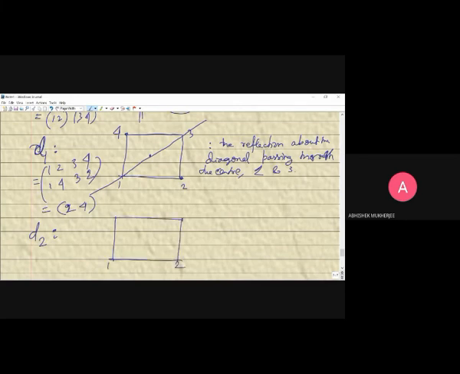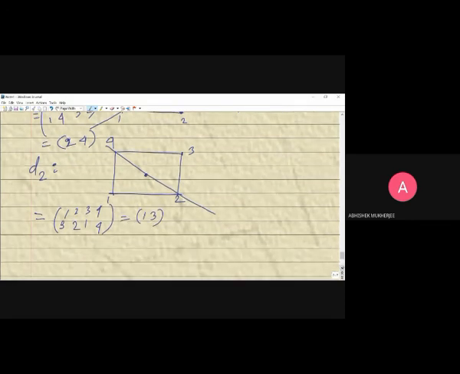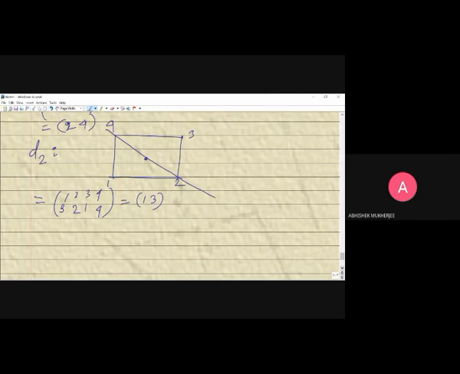So you have another diagonal. Then 2 and 4 are fixed. So 1 goes to 3, 3 goes to 1. That is, 1 3.